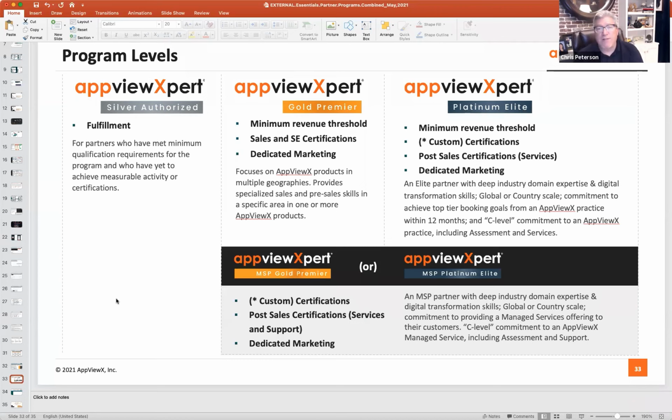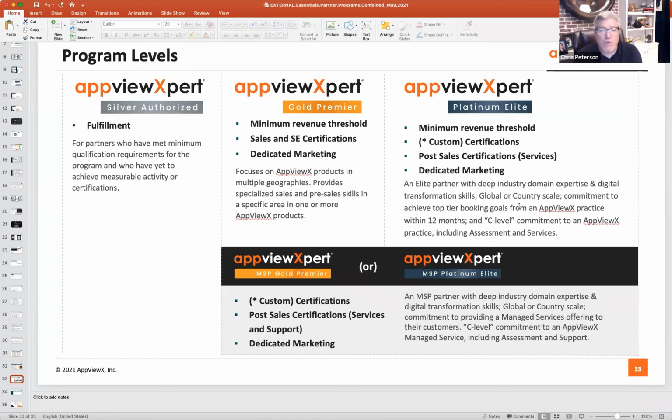And then for those partners that do everything I just described in the gold program, when they certify consultants to do post-sales services such as implementation, integration, and that long tail of workflow services that are available to you, you can enter the Platinum Elite program, which brings even greater discounts and greater rewards.